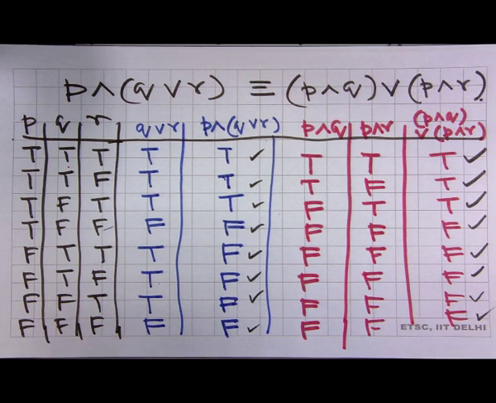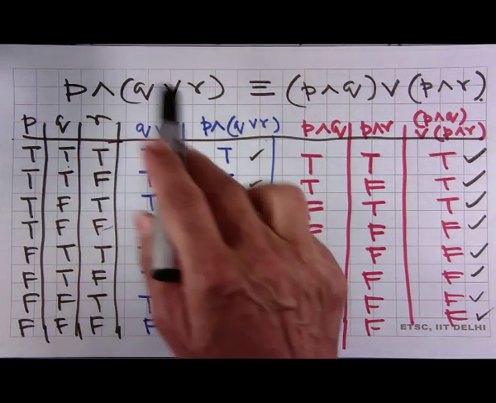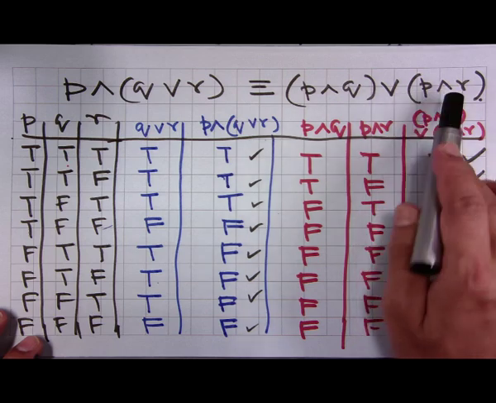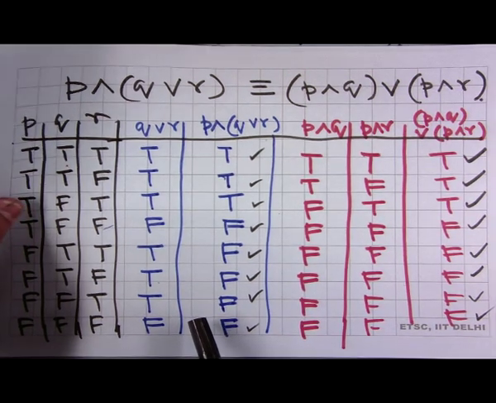So, what does it tell us? It tells us that P and Q or R is equivalent to P and Q or P and R. Okay?